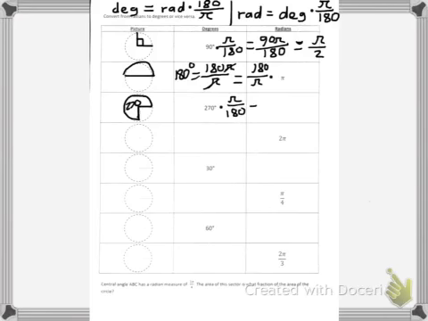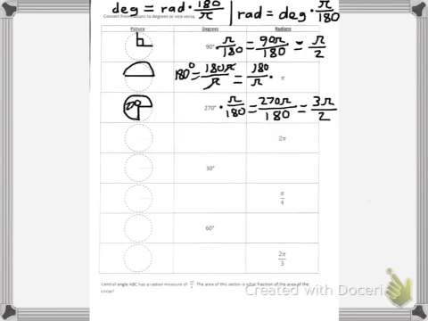Okay, when we do that, we get 270 pi over 180. Okay, once again, this is a fraction that we can reduce right now. When we reduce 270 divided by 180, you can reduce that to 3/2. So this would be 3 pi over 2.